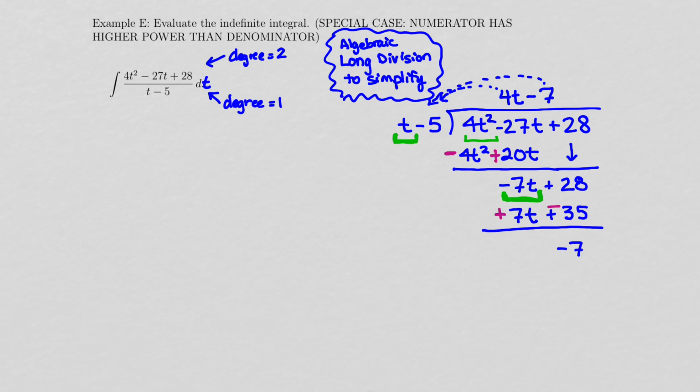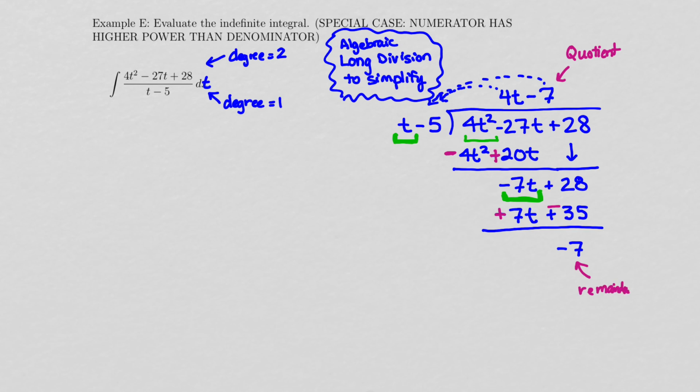And so how do we write our answer? Let me just circle the parts. This thing on top becomes our quotient. This thing on the bottom is our remainder.